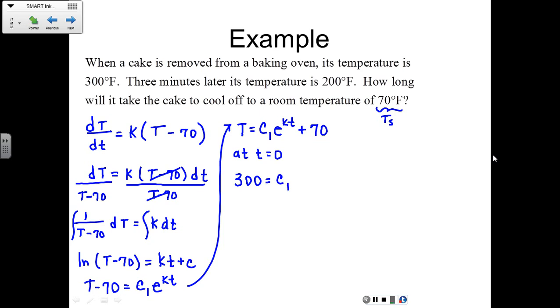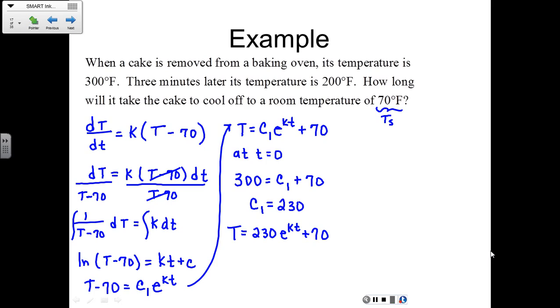C1 e to the 0, it's just going to go away, isn't it? If I plug in little t equal to 0 right there, that's going to be e to the 0, which is 1. So C1 plus 70. So what's C1 equal to? 230. So now my model says this: T equals 230 e to the kt plus 70.